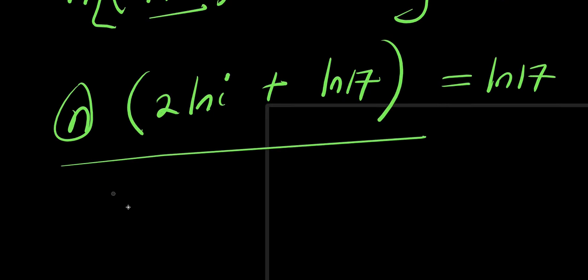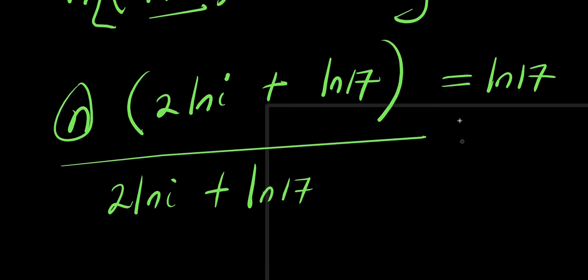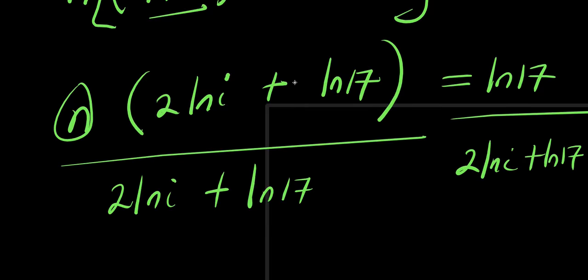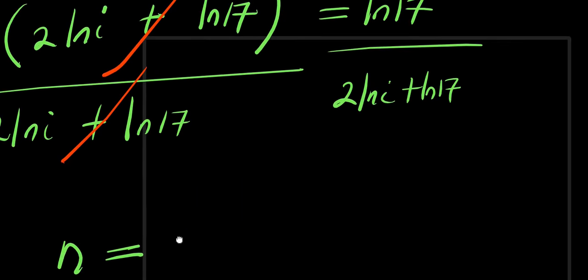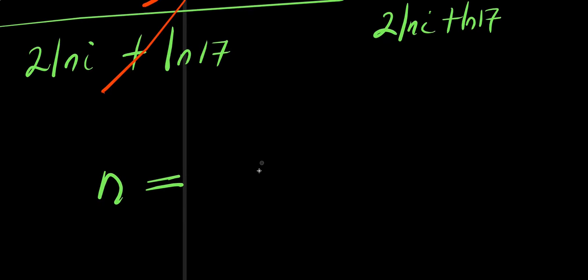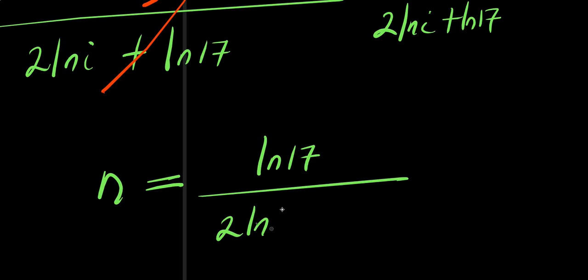I divide this by 2 natural log i plus natural log 17. This cancels this. I can have n equals natural log 17 divided by 2 natural log i plus natural log 17.